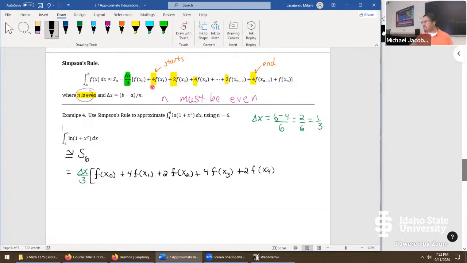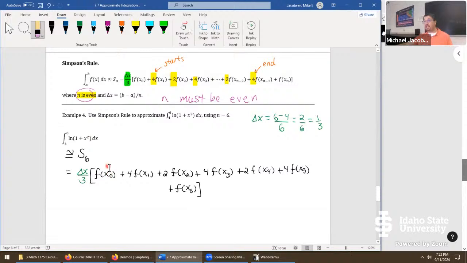At this point, it's a good idea to look at the end. We're going to end on 6. So when we go to plus 4 f of x5, that's our last 4 term. Now we just add, oh geez, I ran out of space. Down below, we'll add plus f of x6. So that's the Simpson's rule pattern indicated.